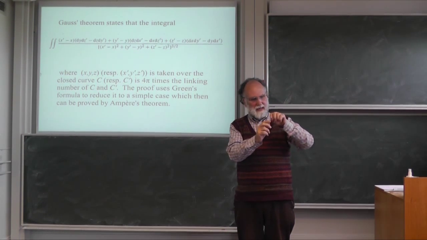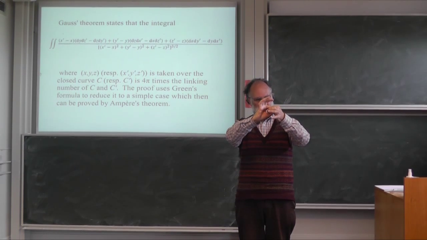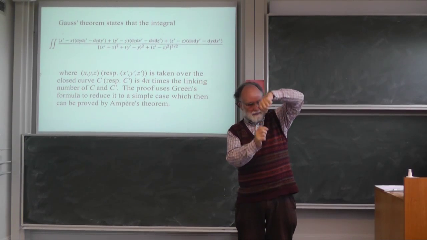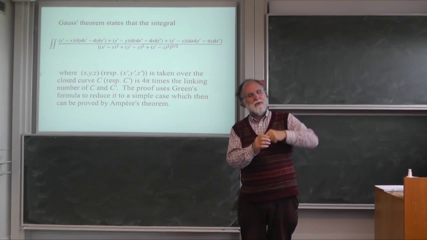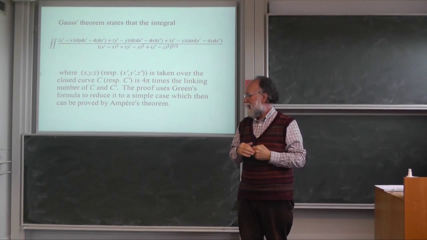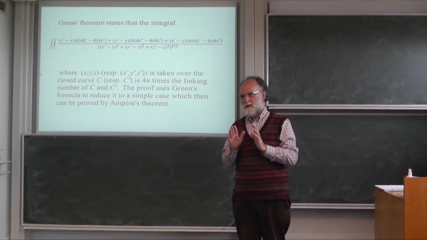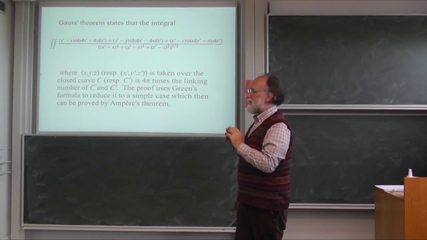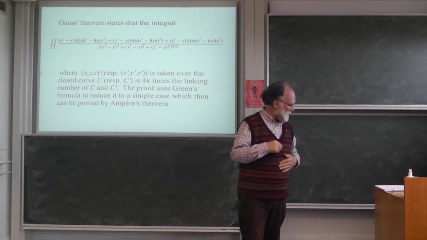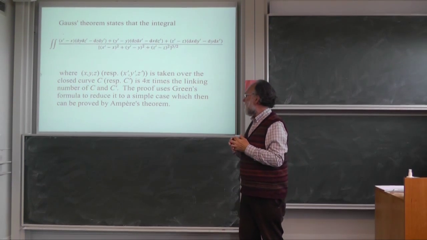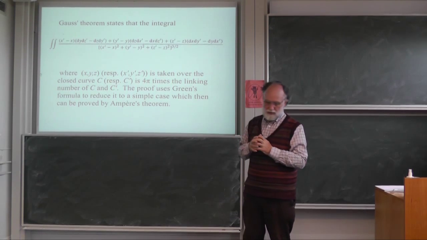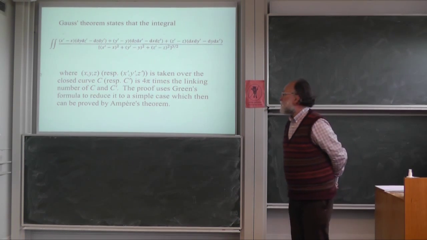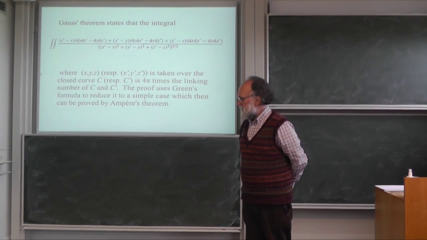You then move one of the integrals into a straight line by making the circle bigger and bigger. You can then integrate it directly, and it's in any case what is known as Ampere's theorem in electromagnetic theory. So the proof is done like this, and then you reduce it down by induction on the linking number. So this is the underlying idea.